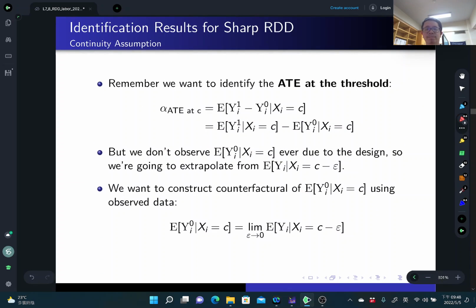Okay. So based on this, we can identify the average treatment effect at the cutoff. For the people who are 21 years old, we cannot observe Y0 because only Y1 realizes. And RD suggests we can use the people just below 21 years old to replace this unobserved outcome.